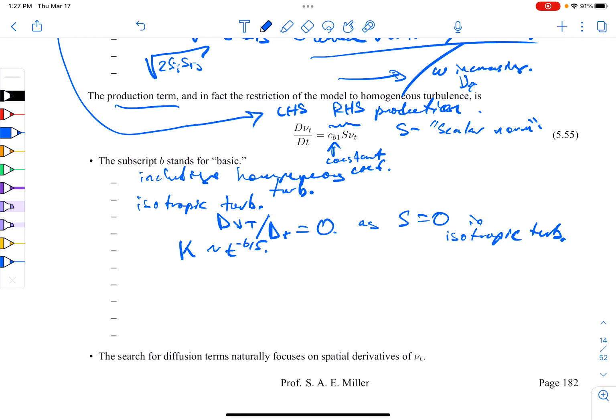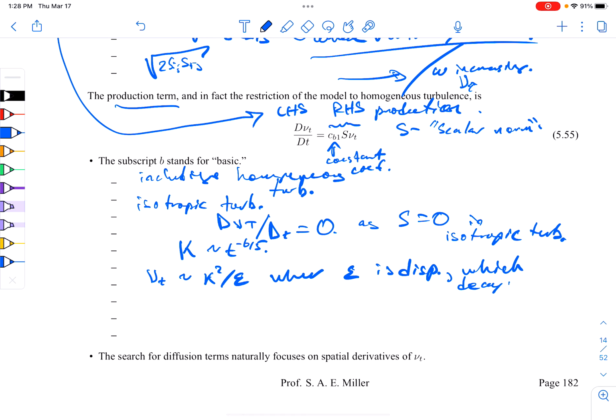So that's a little note for future calibration. And this means that the simplest combination will have the same dimensions as nu t, where epsilon is dissipation in this flow, which decays as, let's see, t to the negative 1 over 5 time.